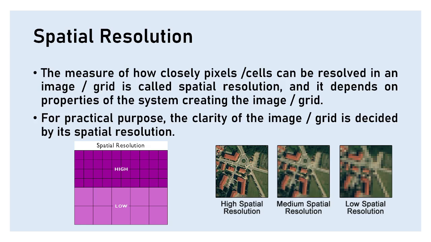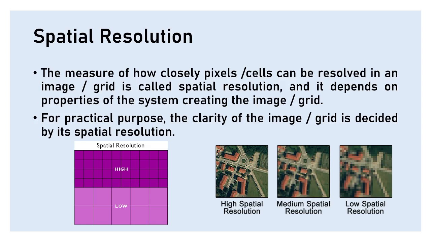If you take a look at the image on top, it has more grids or cells, pixels or cells, which means the image with more pixels or more cells will give you more information, or more clarity. So more properties are being accounted for, and we call that a high spatial resolution image. And the ones in which the grid cell sizes are larger and the grid cells are fewer in number, we call it low spatial resolution.